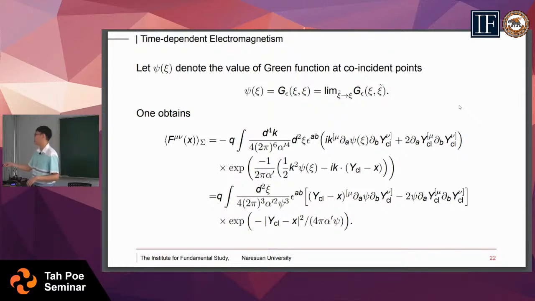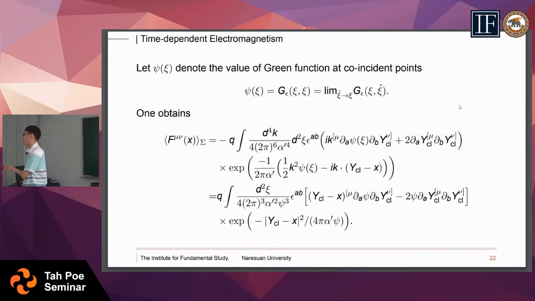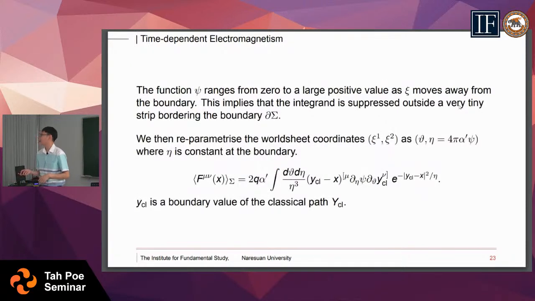It maybe look a bit messy, but let's determine the function psi here. As I said, function psi is the value of the green function at the coincident point. I'm not going to show you the detail how to calculate it, but I'm going to tell you the result of it. It turns out that the function psi here is 0 at the boundary.